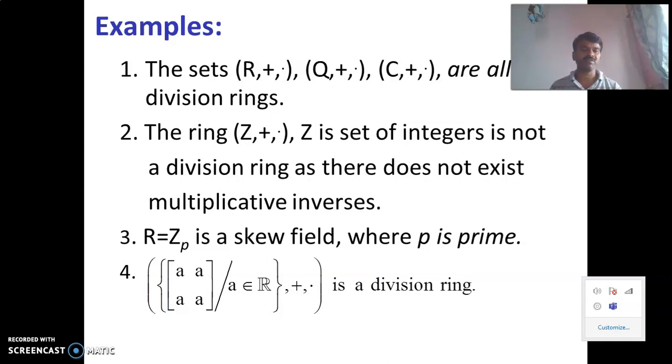That is why the ring of integers is not a division ring. A ring of integers modulo a prime is always a skew field. Then we also have a unit element, where a is a real number. A matrix of this form is also a division ring.